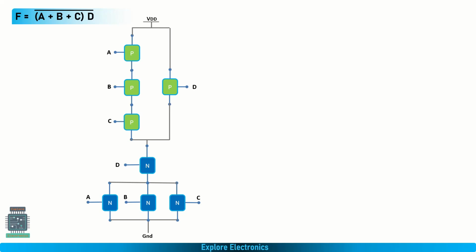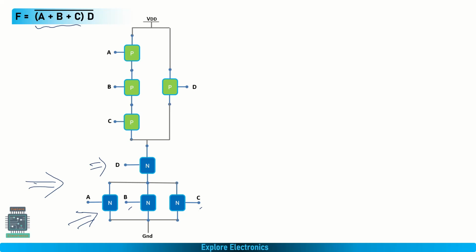So let us take one more example. Suppose you have (A plus B plus C) into D, whole bar, like this. If this is the example we need to implement, then in a straightforward way, we can first take an N network and implement A plus B plus C. A plus B plus C in the sense 3 transistors should be in parallel with gate inputs A, B, and C. Then into D means through this we need to have a D transistor in series.